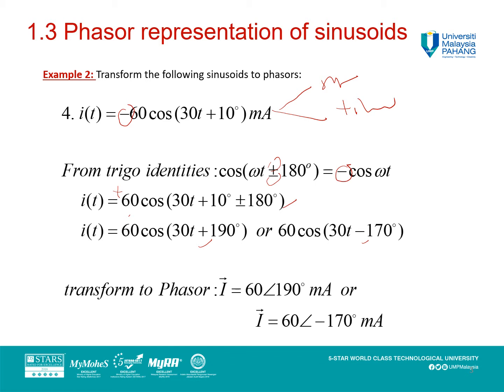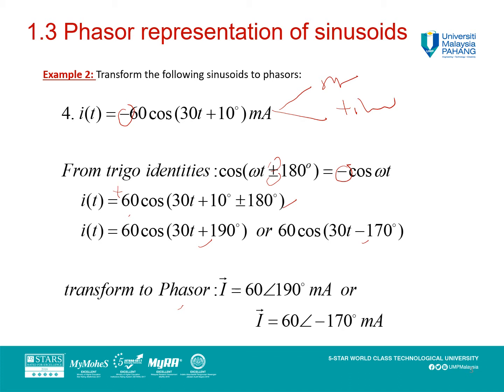So transform to phasor after getting the conversion to a positive amplitude in cosine. Can you convert to phasor? So you have I in phasor is 60, the angle is 180 degrees in milliamperes, or 60, the angle is -170 milliamperes. Both answers you can use in your calculation.